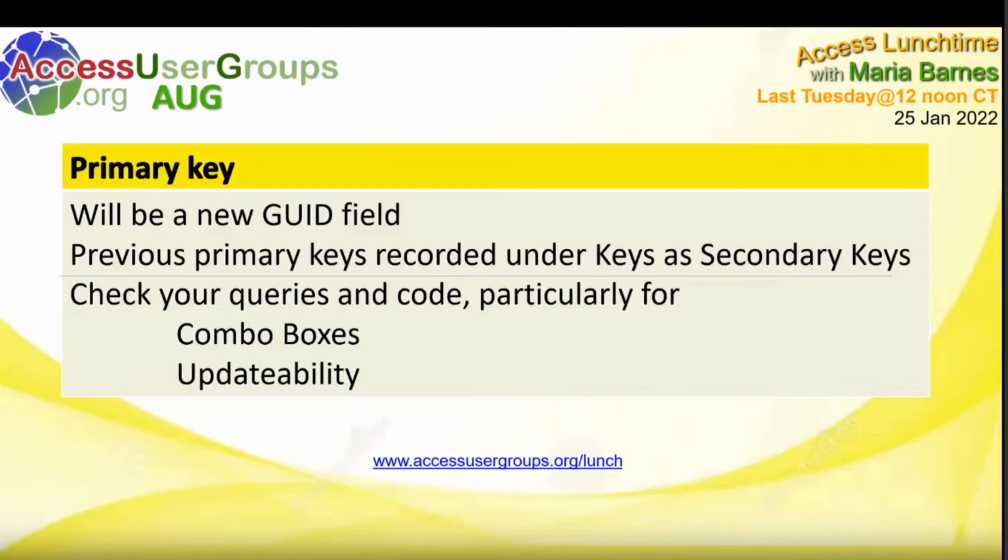Anyway, so it has to be a GUID field. And I'm not positive, I haven't tried this yet. I believe if you already have a GUID in your Access table, then it can use that. But if you don't, it will create a new GUID field, and anything that you had as a primary key defined in your table, it will record it in Dataverse under the keys section as a secondary key.